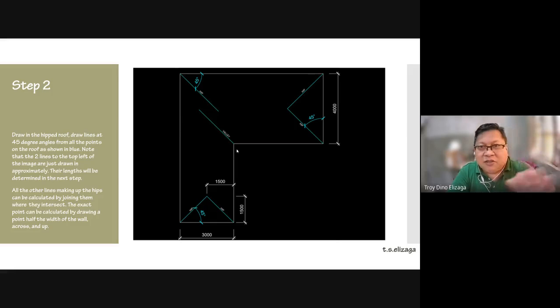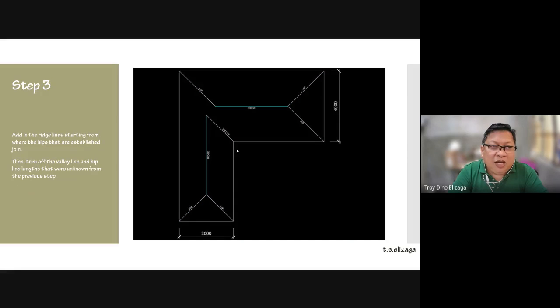So the ones in this left corner, their length will be determined in the next step. So all the other lines making up the hip can be calculated by joining them where they intersect. So at the side where there's the dimension of 4 meters, the two 45-degree lines intersect, so that ends that angle. No? And also that's what happened at the bottom.